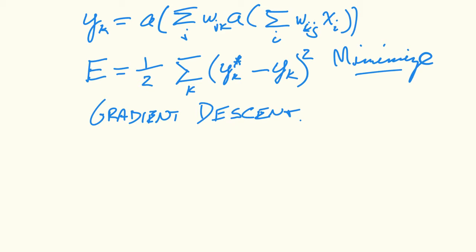Gradient descent is not guaranteed to find the minimum, but if you do a bunch of random restarts, you can often find a global minimum, or at least a good approximation of a global minimum in general.